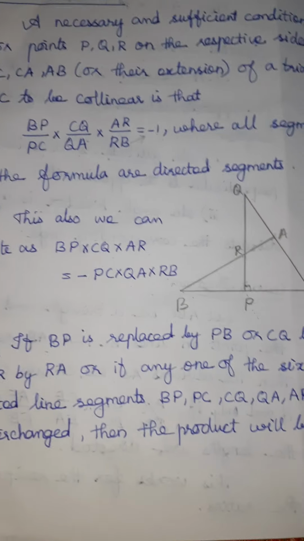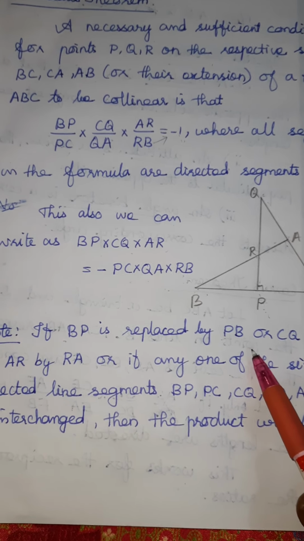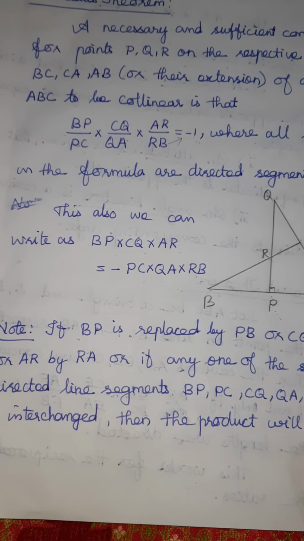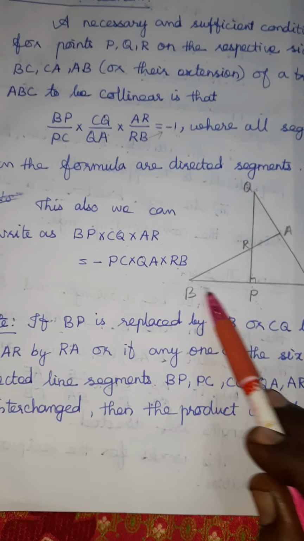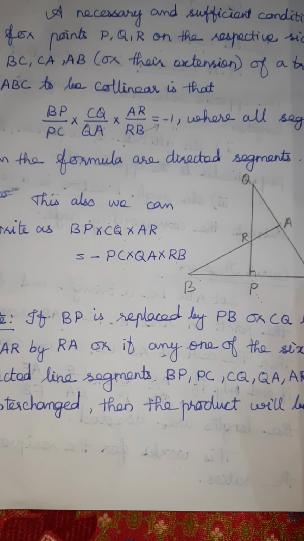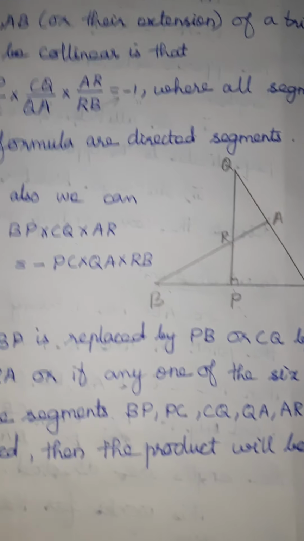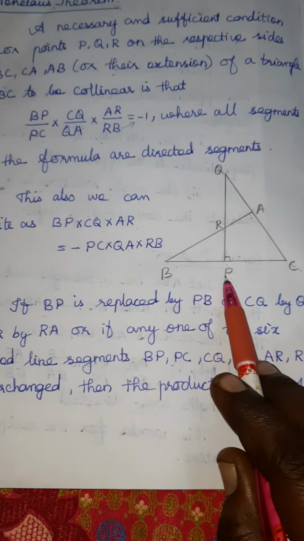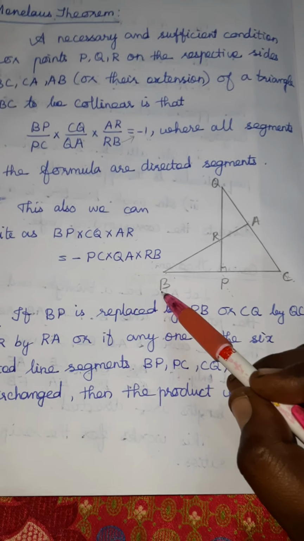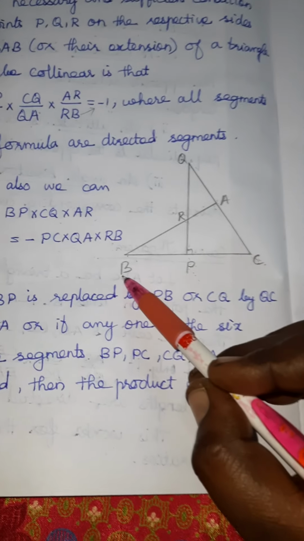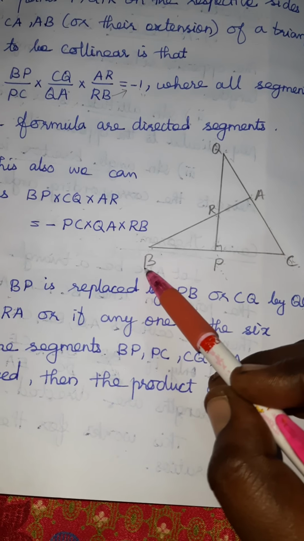Then what is the note you see? If BP is replaced by PB or CQ by QC or AR, that means if you change the order, the direction. Instead of BP in Menelaus's theorem, if you write PB, understood? Normally we write the distance in any order, but in these two theorems you don't write that way.